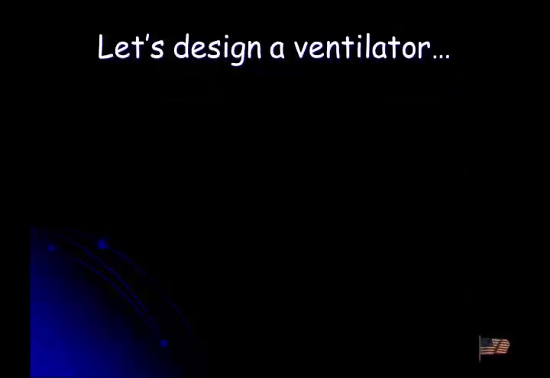Okay, so you have a new job. Your job is as an engineer. You're going to build a ventilator. How many people have ever, well, you've all ventilated with a resuscitation bag on the mannequins, right? So you were a ventilator, were you not?